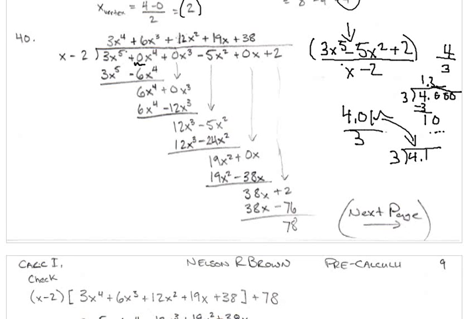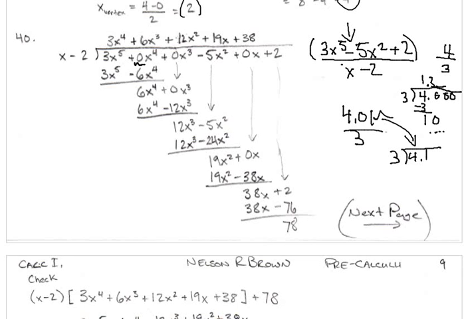I have 3x to the fifth plus 0x to the fourth plus 0x to the third minus 5x squared plus 0x plus 2. I want to find what I have to multiply x by to get 3x to the fifth.